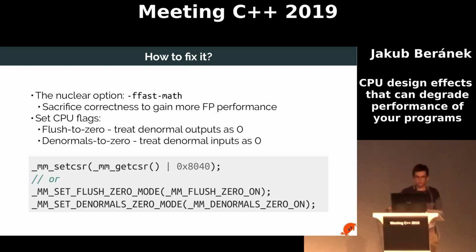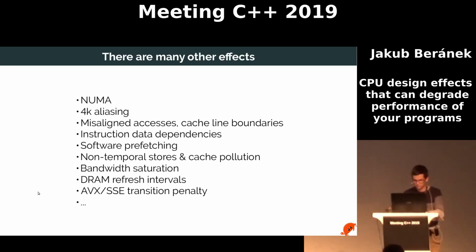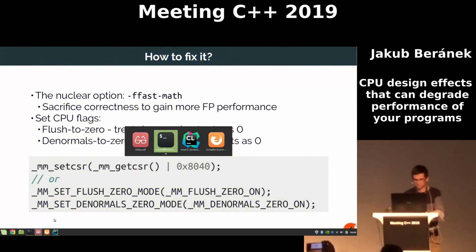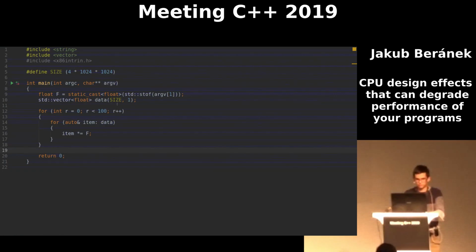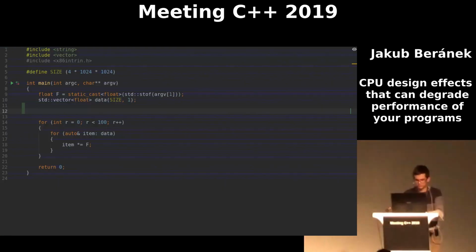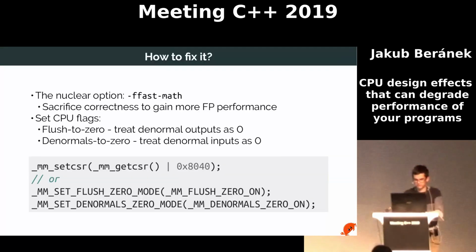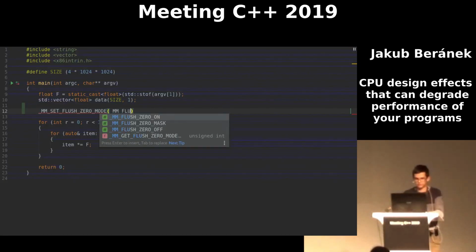In code, it can look like this. You can either set some status register inside the CPU, or if you don't want to remember those hexadecimal codes, you can use those two macros. So let's try it. I cannot copy it from here. Oh, it doesn't matter. I will go all the way, so flush zero mode, flush zero on.